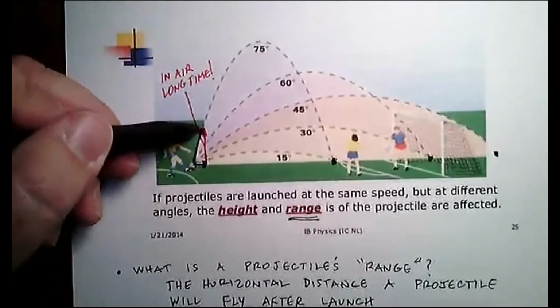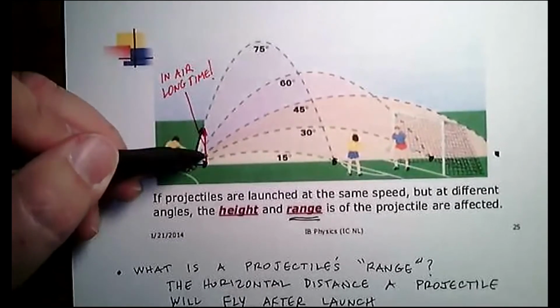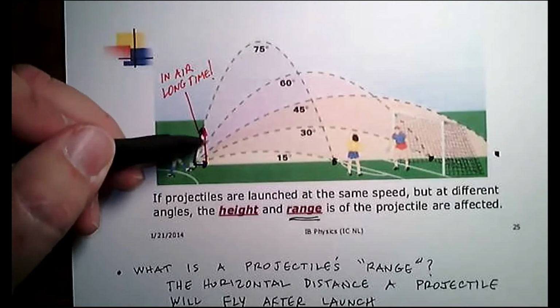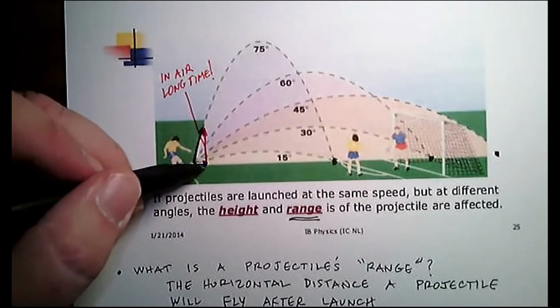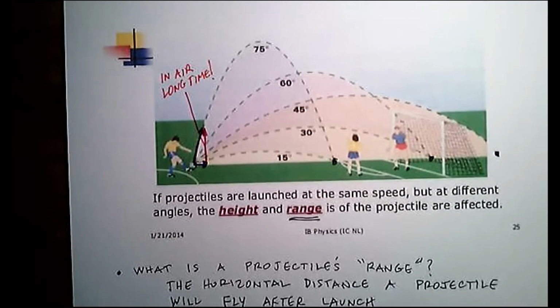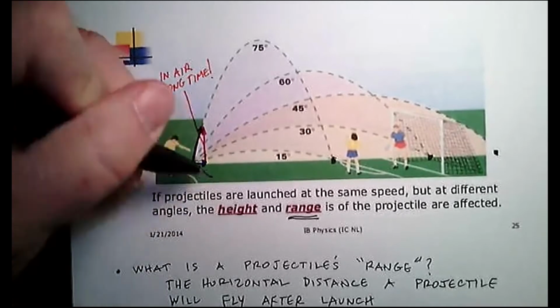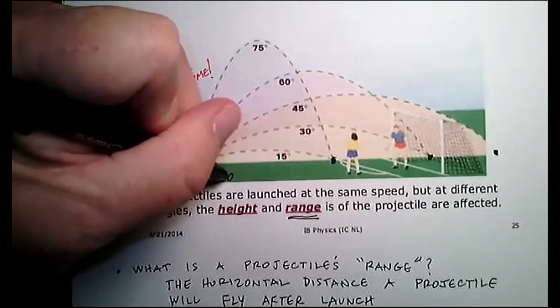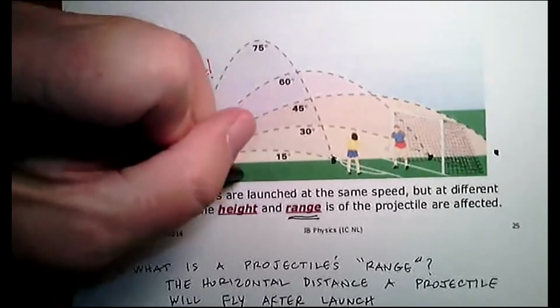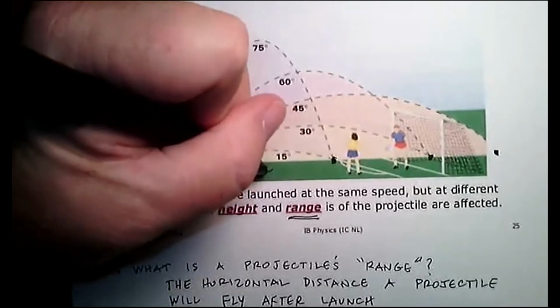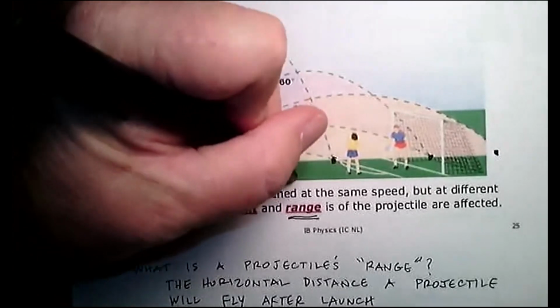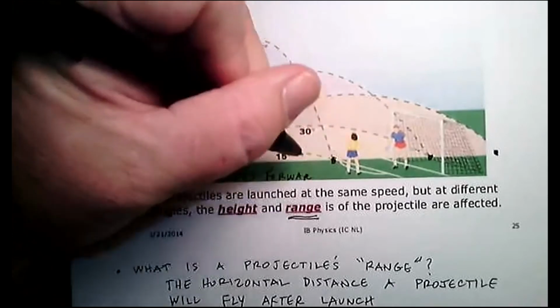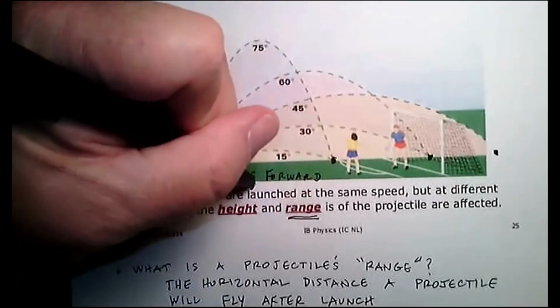That tall vertical component means you're going to be in the air a really long time, but you're not moving forward very quickly. So I'll say: moves forward slowly.